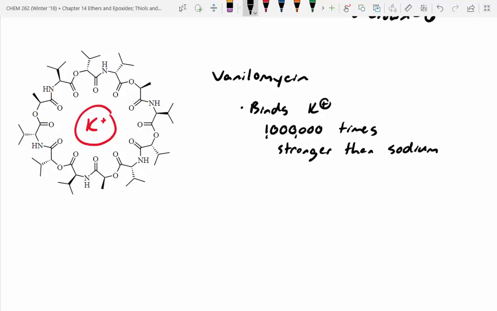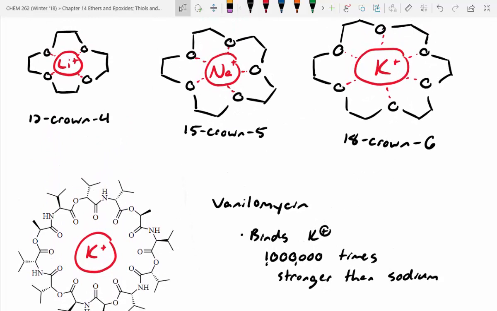That makes this an incredibly powerful antimicrobial drug because it will disrupt a lot of the cell regulation by basically wrapping up all of the available potassium. So a lot of these drugs are basically similar to these model systems that we have made.